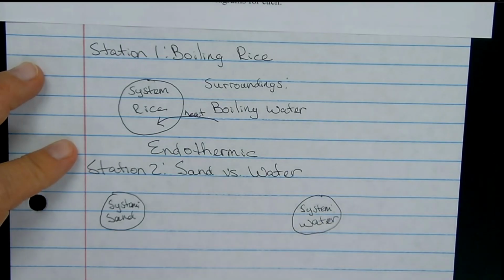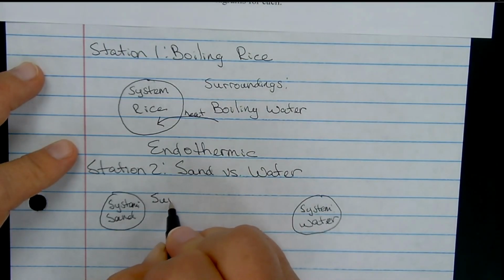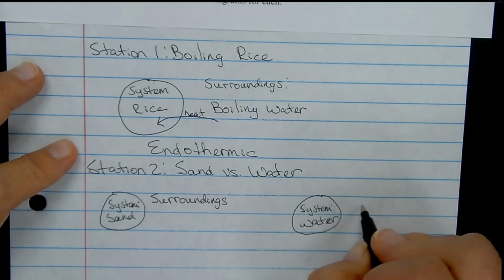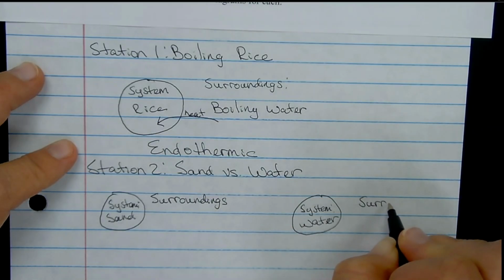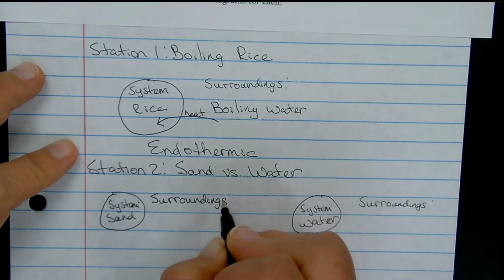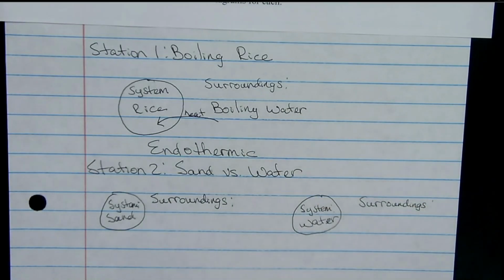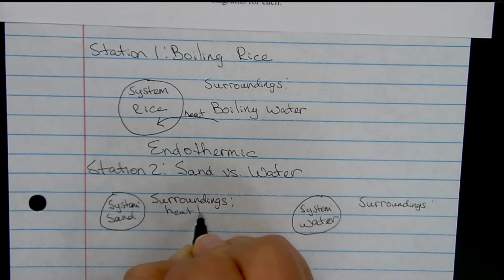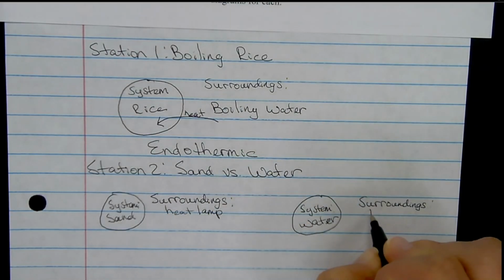And then I have my surroundings. Sorry for my bad handwriting, by the way. And my surroundings. All right. So we have my sand and my water. And my surroundings would be my heat lamp.